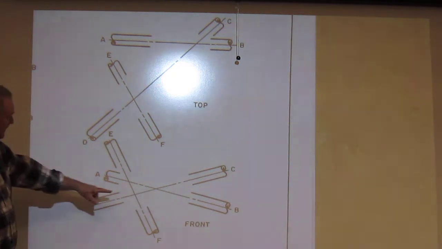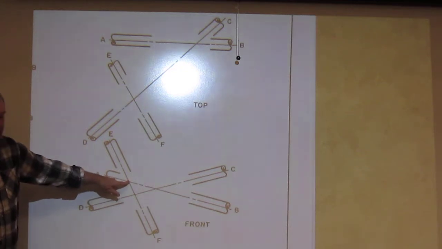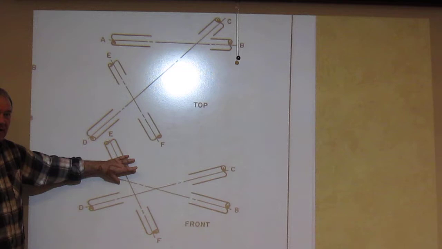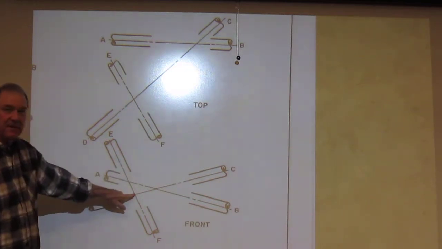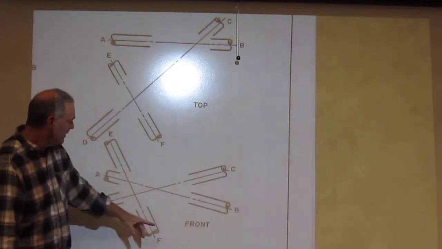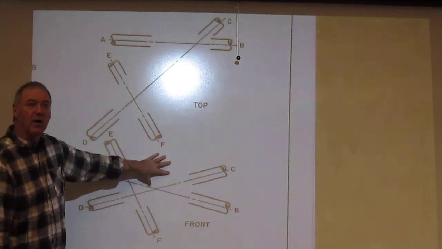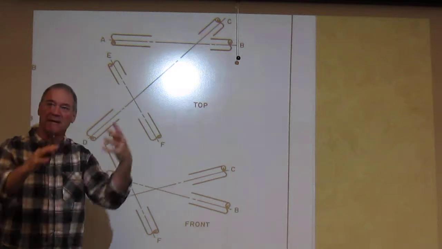In the front view down here, look at where AD and EF cross, project that up and establish which one's on top. Then go to the intersection of EF and DC. Project that one up and figure out which one's going on there. And then the last intersection is AB and CD. You want to do all three of them, and then you'll see how these are all laying in there.